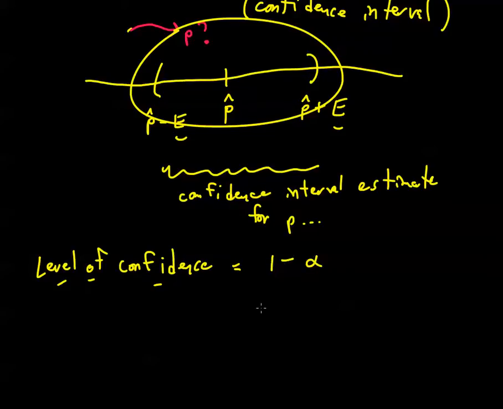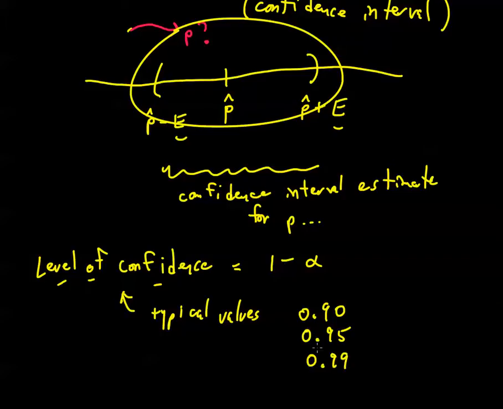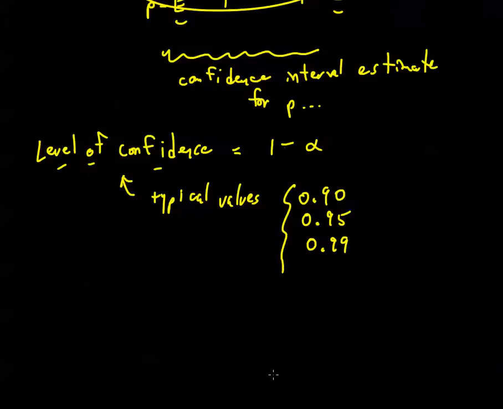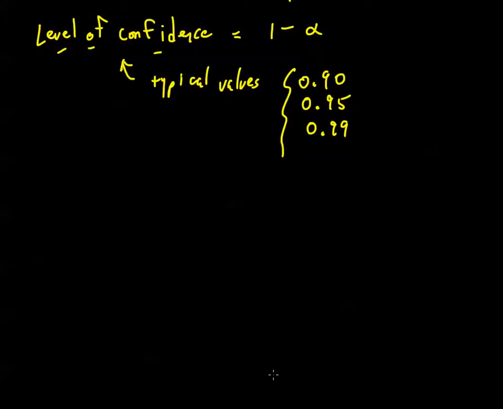We'll talk more about alpha later. Typical values of level of confidence are 0.90, 0.95, and 0.99, kind of low, medium, high for our levels of confidence.